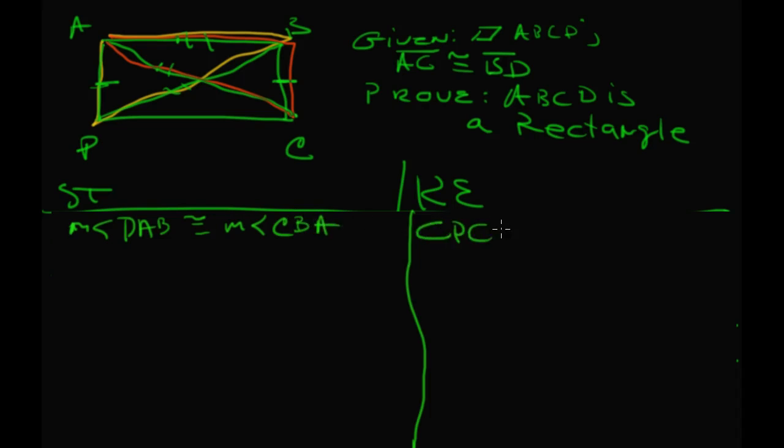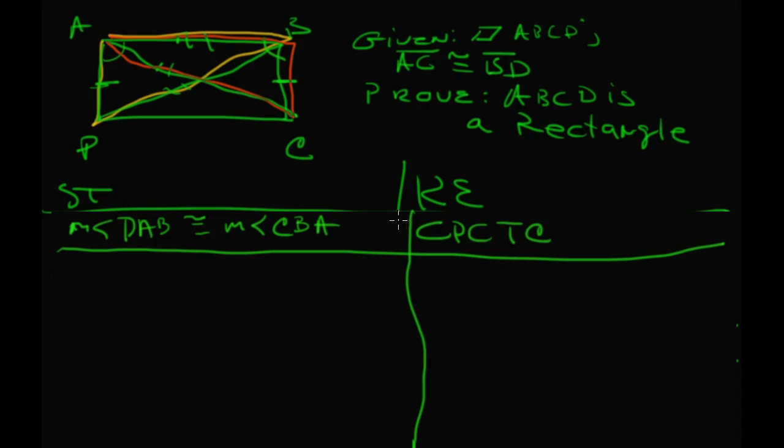That's by CPCTC. So DAB, CBA have to be congruent. One's in each triangle. That's awesome. We also know that AD is parallel to BC because that's the definition of a parallelogram.